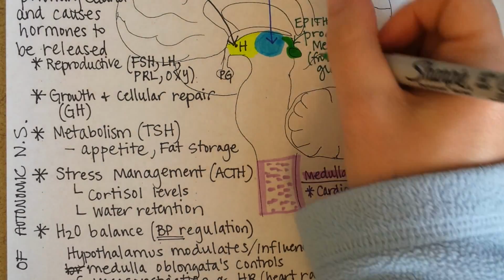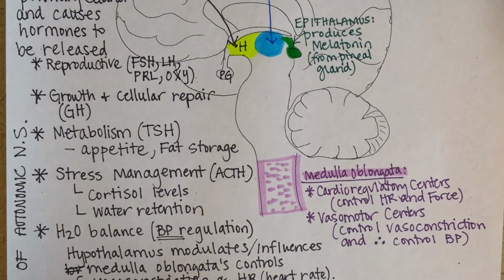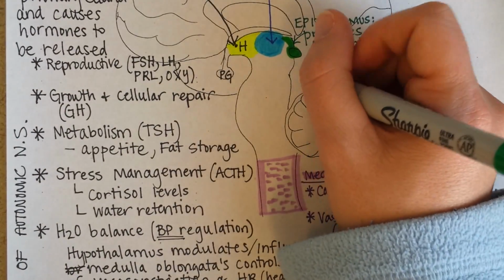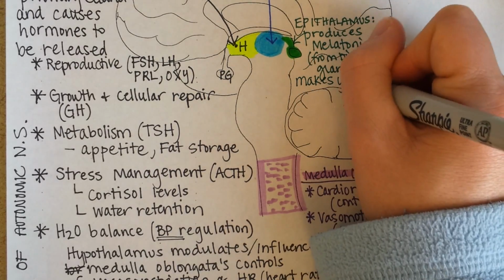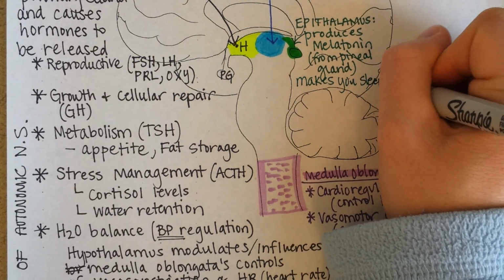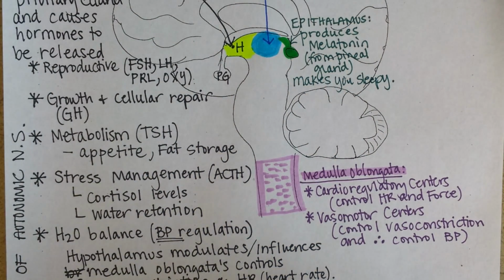The round part is the pineal gland. And it's released in the dark and makes you sleepy. So ideally you make more and more melatonin as the evening wears on and you get sleepier and sleepier, and then in the morning you're not releasing melatonin as the light hits your eyes, and then you're more alert throughout the day.